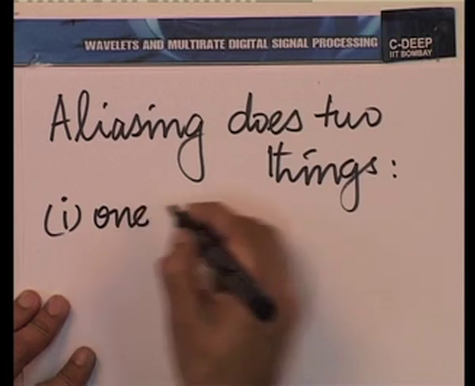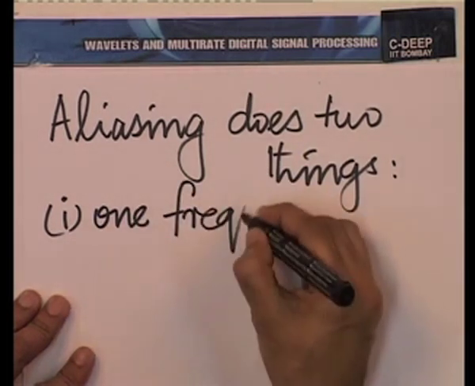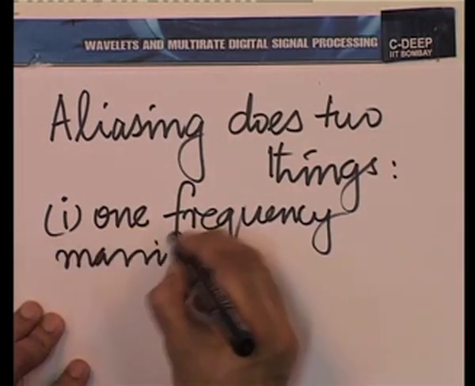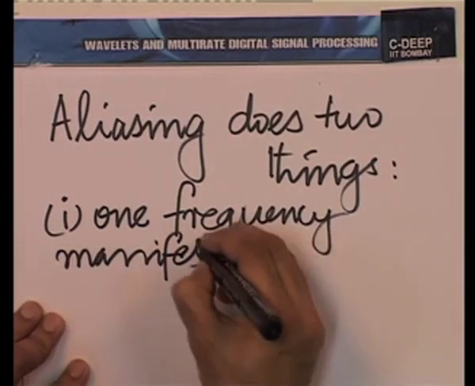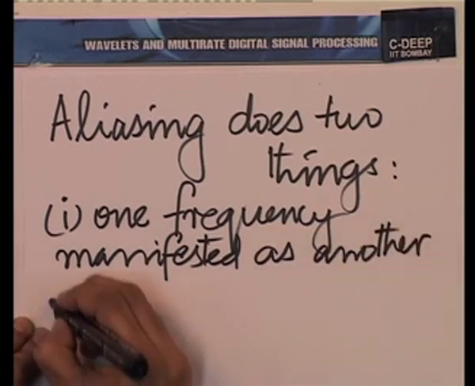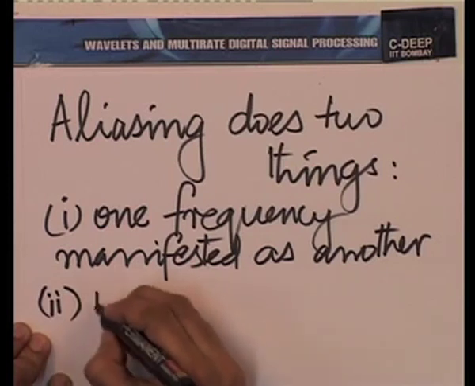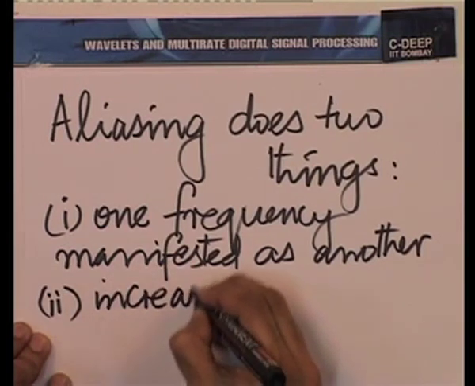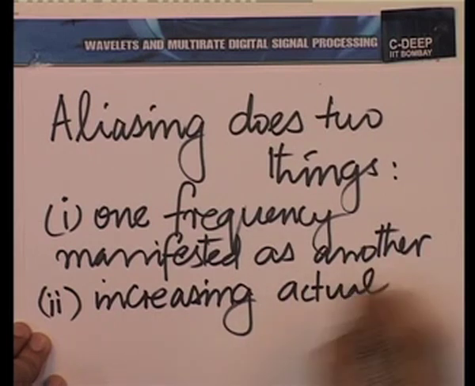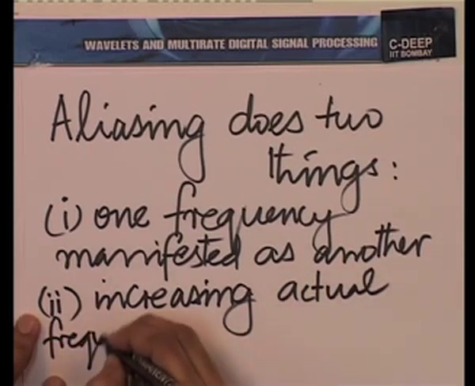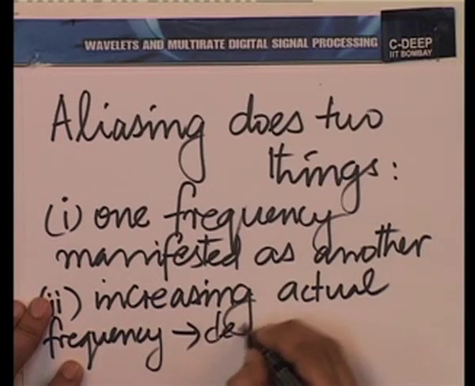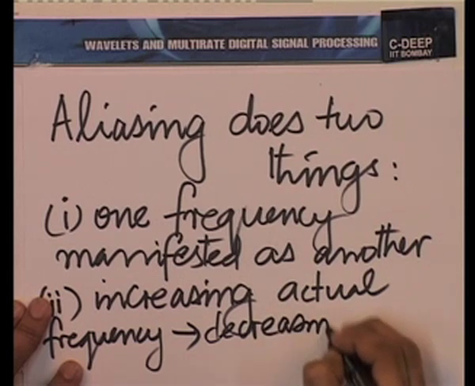One, one frequency manifested as another. Two, increasing actual frequency leads to decreasing apparent frequency.